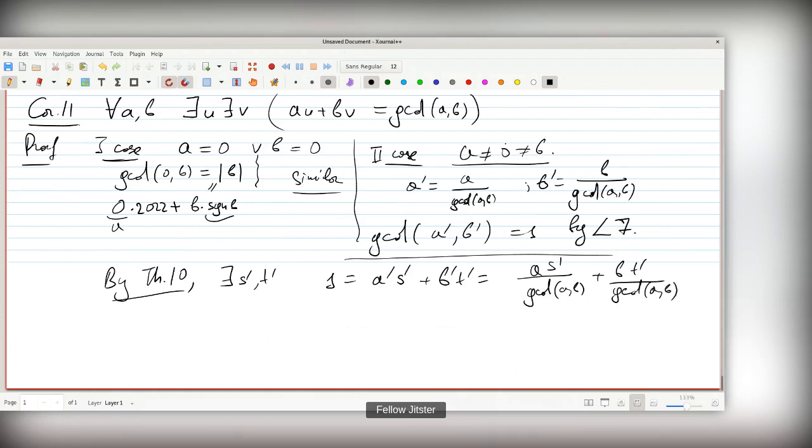The only thing we still need is to multiply both sides by the greatest common divisor.